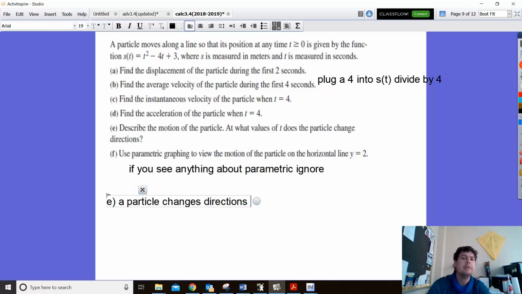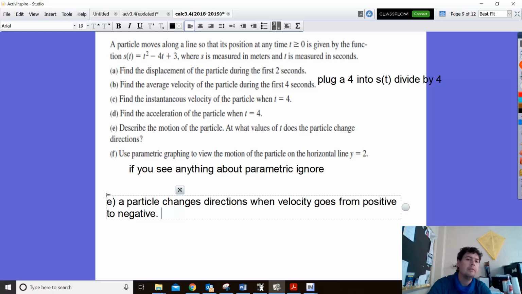I understand why you're saying 0. A particle changes directions when velocity goes from positive to negative. Now, this is going to happen on either side of a 0.